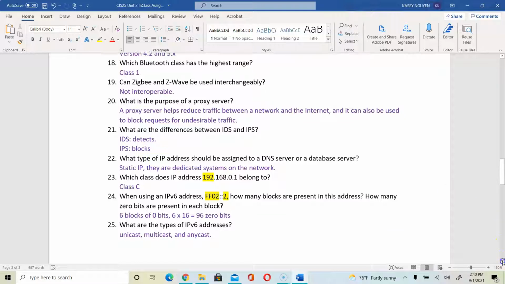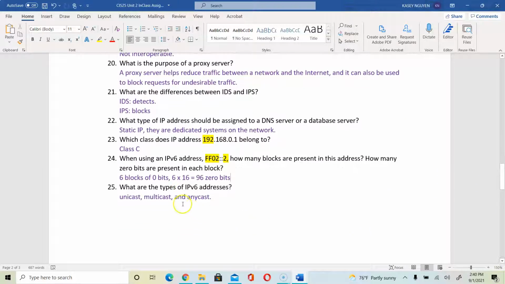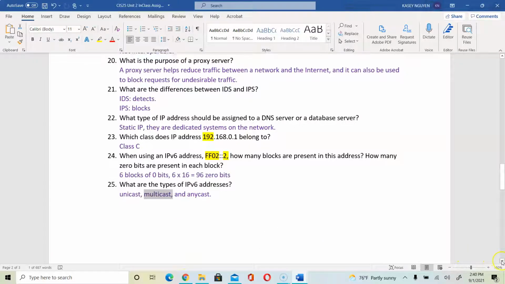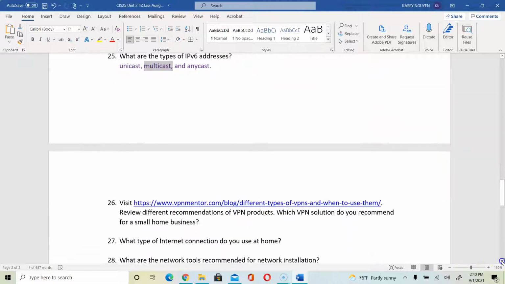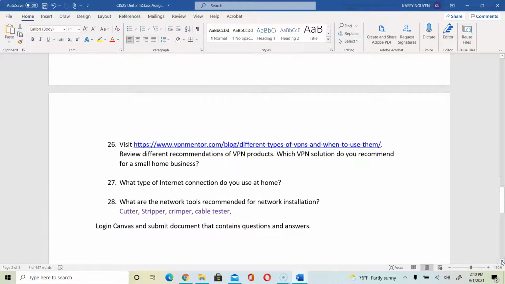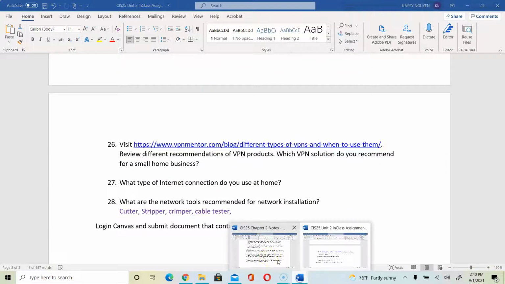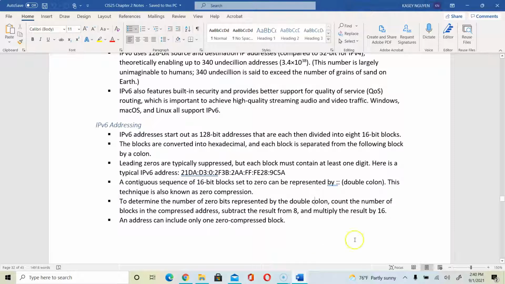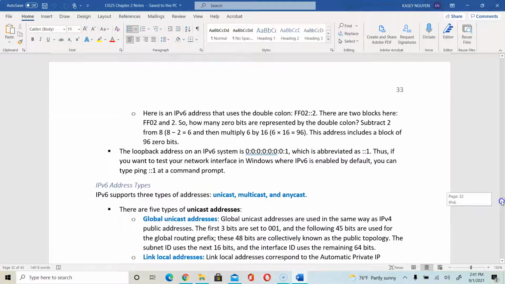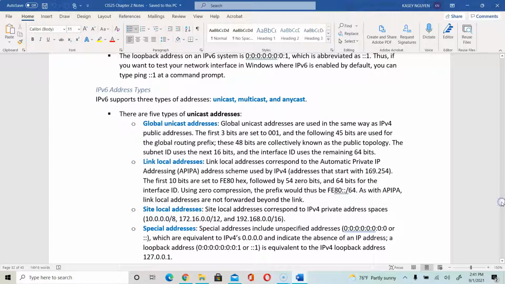Some servers would need to use anycast, whereas one system to another system would use unicast, and one system to many systems would use multicast, like some devices on your network. On here in the notes, it provides more details on each type, and you can find that on page 33.